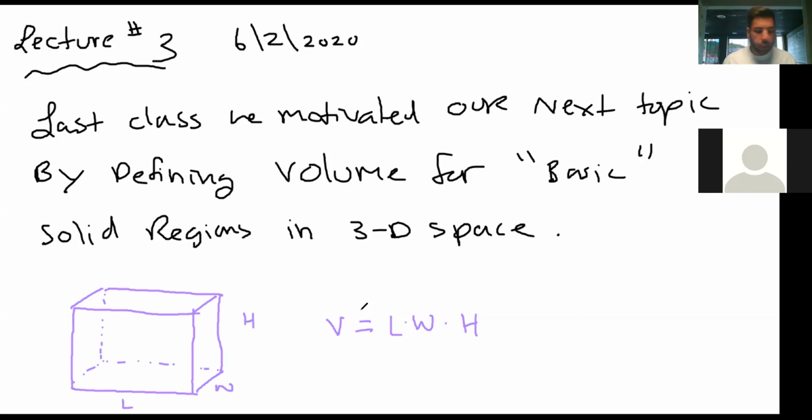So in general, if we have any solid, we might imagine that if we look at the cross sections of the solid and we can understand the area of that cross section. I mean, look at this box. What's a cross section? Well, imagine I take a knife and slice it vertically.